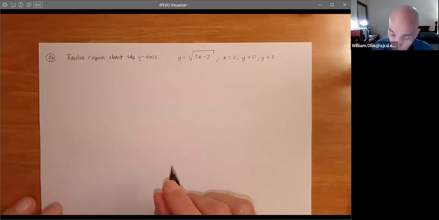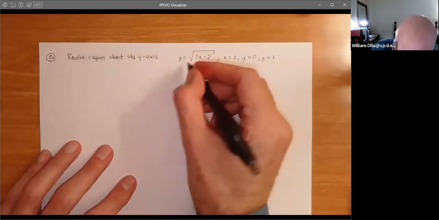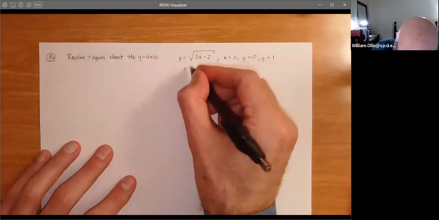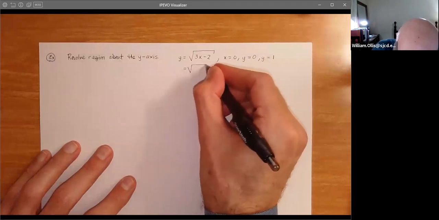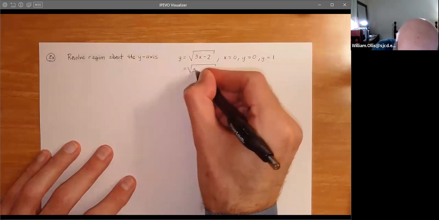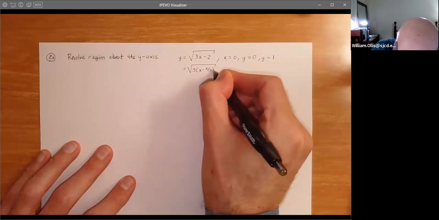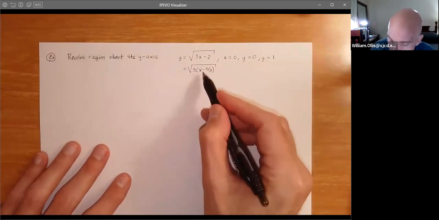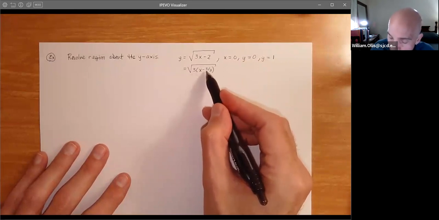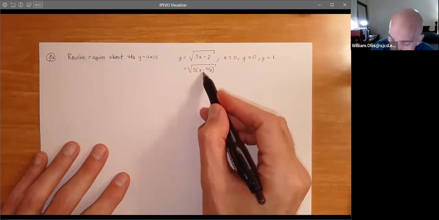Now, again, like we did before, you can look at this. We can go ahead and factor this: the square root of 3 times x minus 2/3. So we can see that in this particular case, this is shifted. We could see that this is going to be 0 at 2/3.